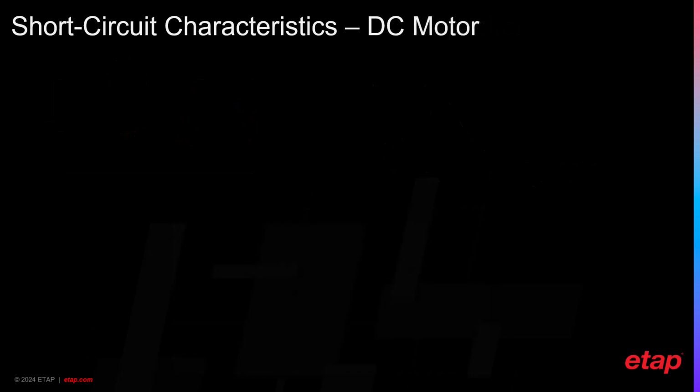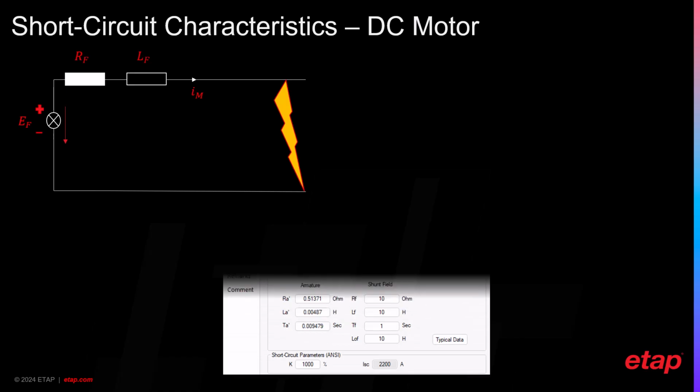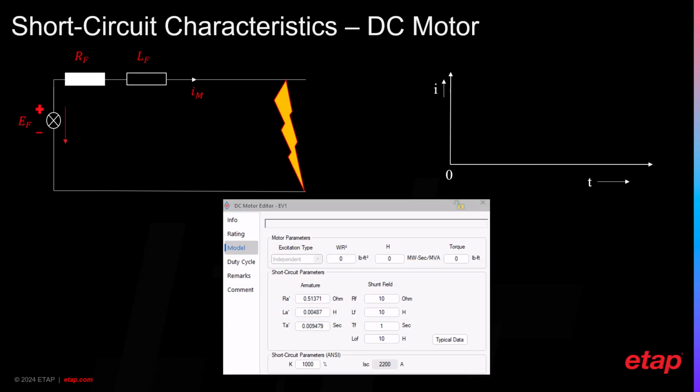Last but not least, we can also have the motors or the DC loads modeled in ETAP using the motor circuits provided in the standard and the corresponding armature resistance, inductance, the time constant, the shunt field resistance, the inertia, and the torque.